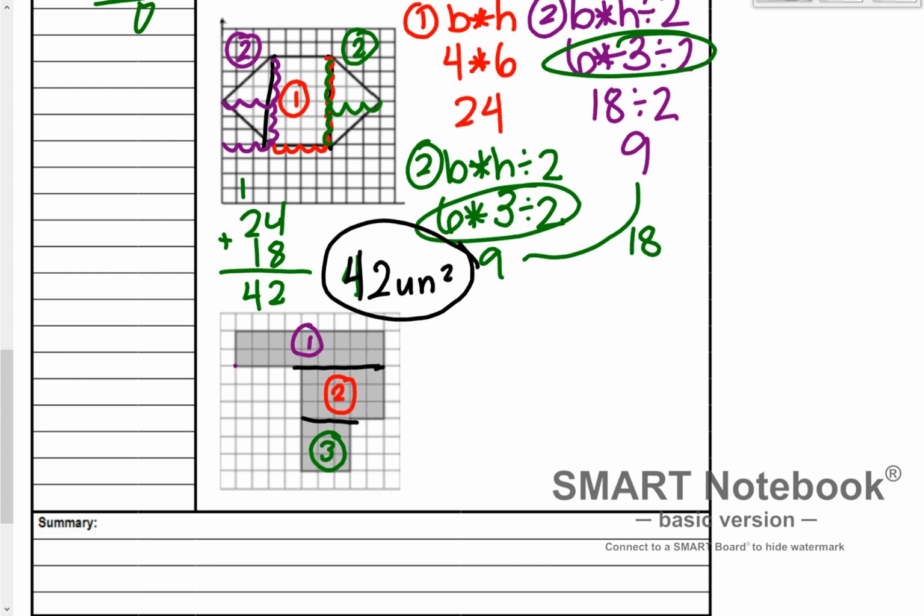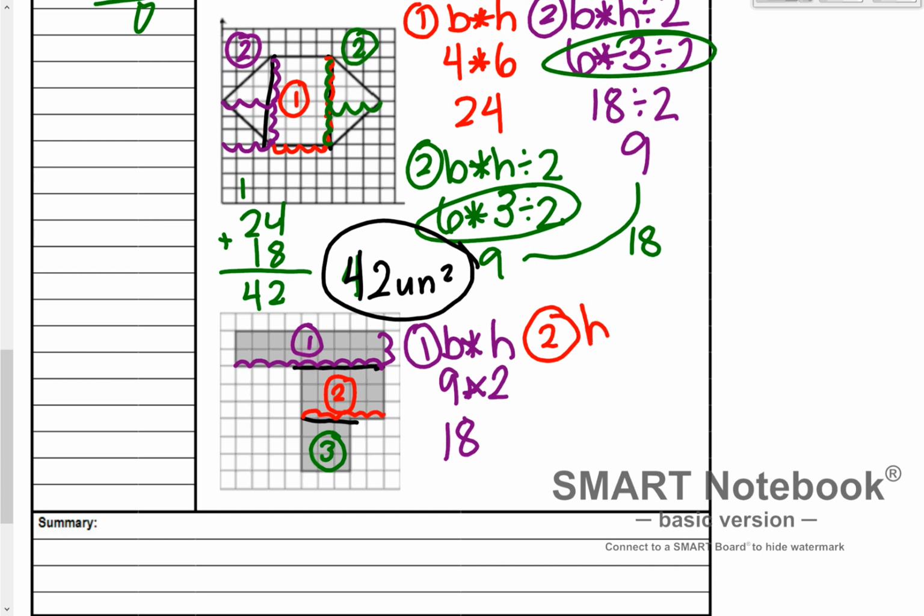Base of rectangle number 1, we've got 1, 2, 3, 4, 5, 6, 7, 8, 9. Our height is 1, 2. That'd be 18. Shape number 2. I've got my base, 1, 2, 3, 4, 5.